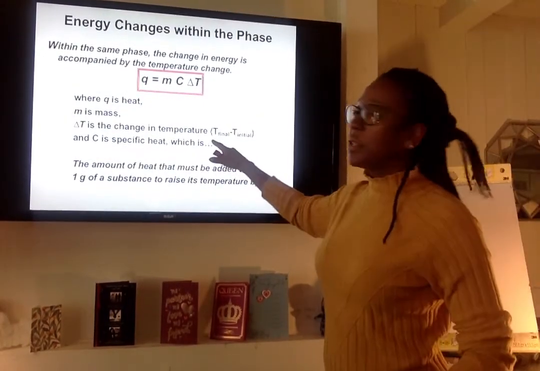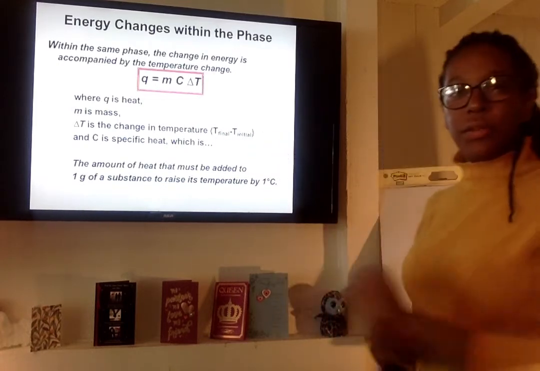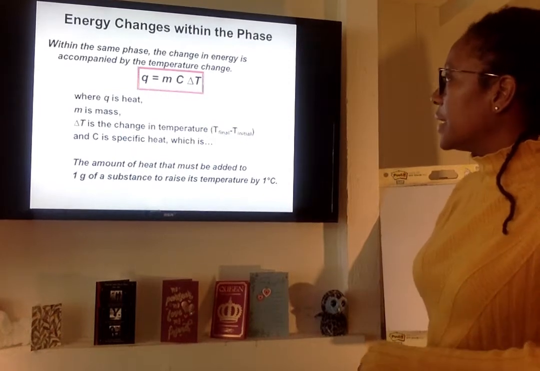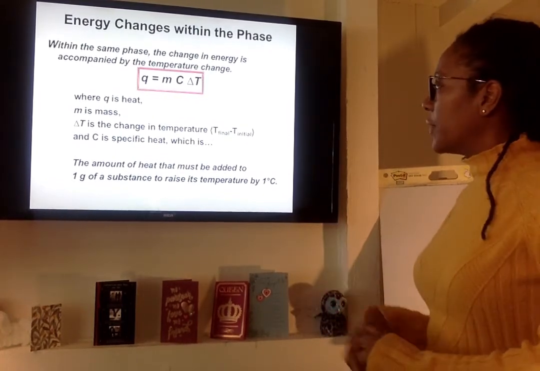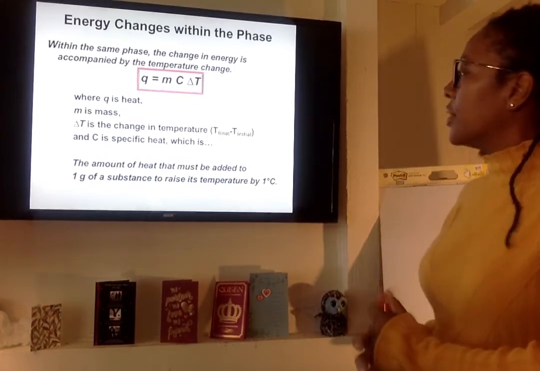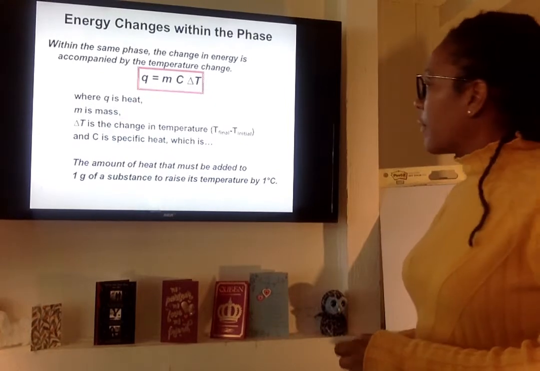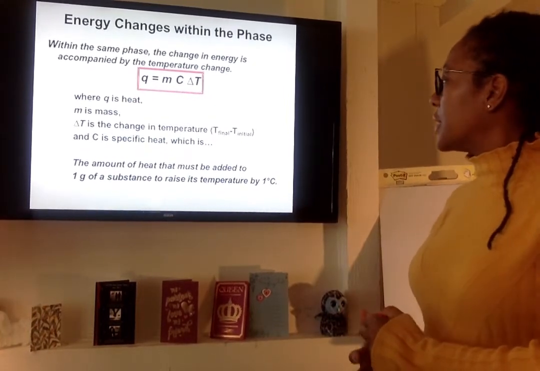It's really important to remember that it's the final temperature minus the initial, okay? And C is the specific heat. What is specific heat? The amount of heat that must be added to 1 gram of a substance to raise its temperature by 1 degree Celsius.